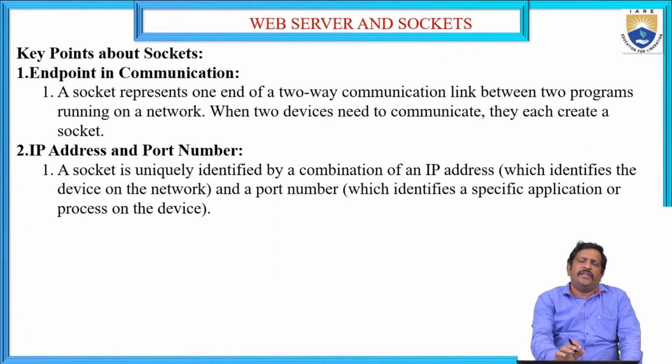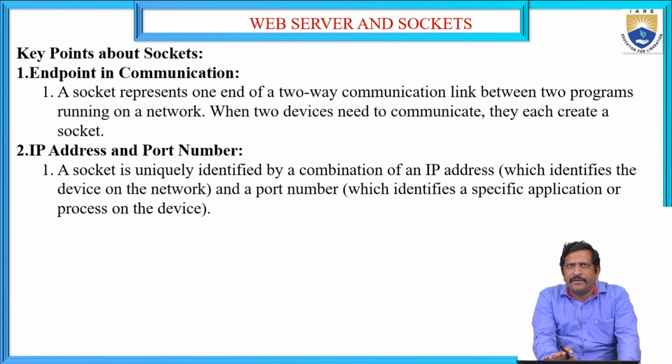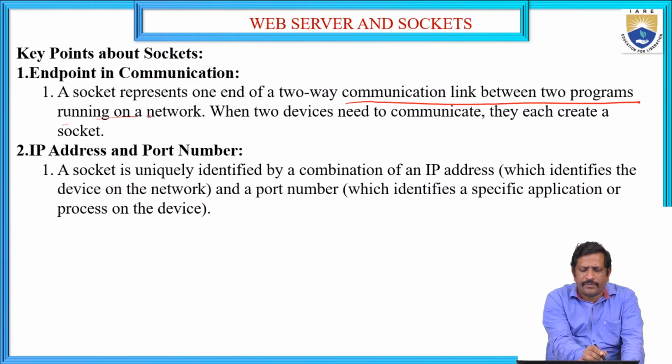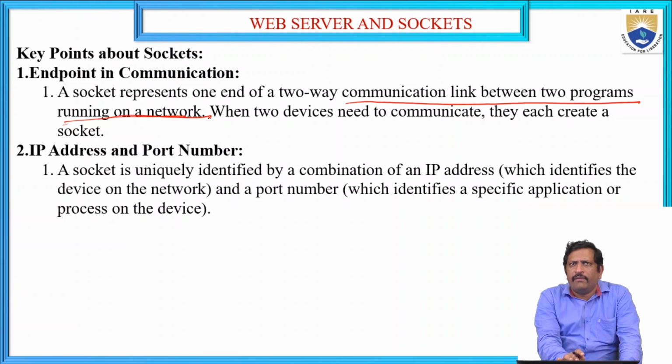In a socket, generally, we use a two-way endpoint for communication links. Why? Because a socket represents one end of a two-way communication link between two programs running on a network, the same network or a different network.